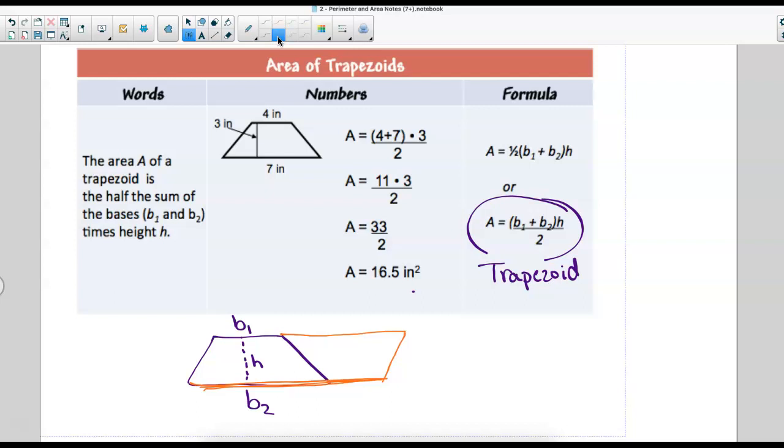It's the bottom plus the top, right? Because this is base 1 and this is base 2. So base 1 plus base 2, which is right here, times the height, but then we have to cut it in half because we really only want the trapezoid, not the whole parallelogram.